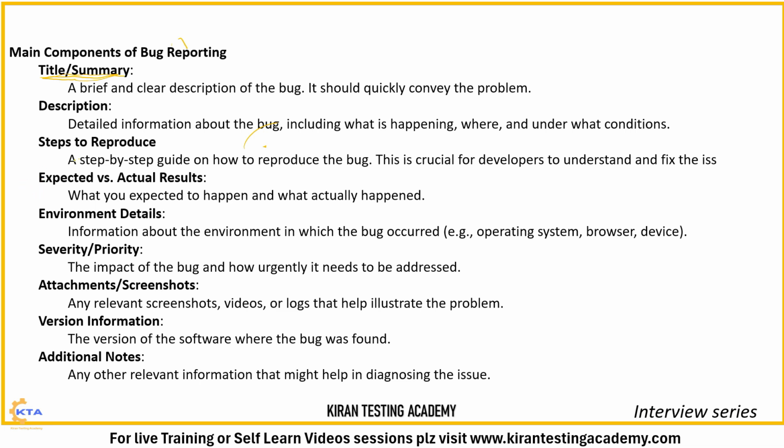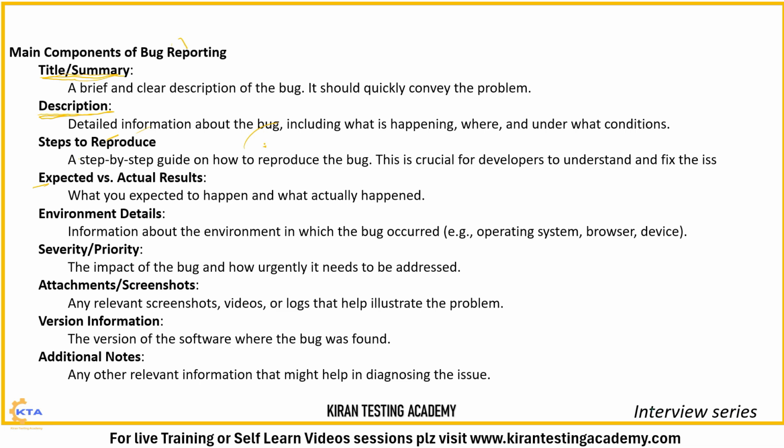Next, description. In the test case we have core intention, goal or scope, which we have discussed. Similarly, here we have description, isn't it? Similarly, in the bug description we need to give detailed information about the bug, like what happened, and why we are calling it a bug.